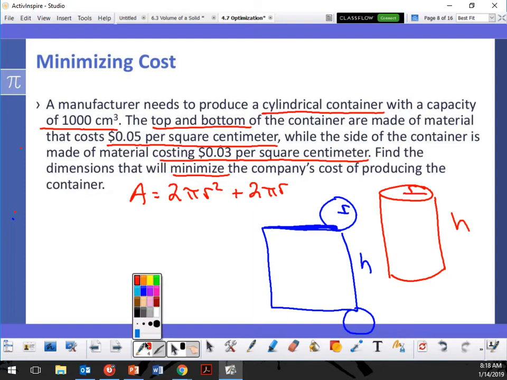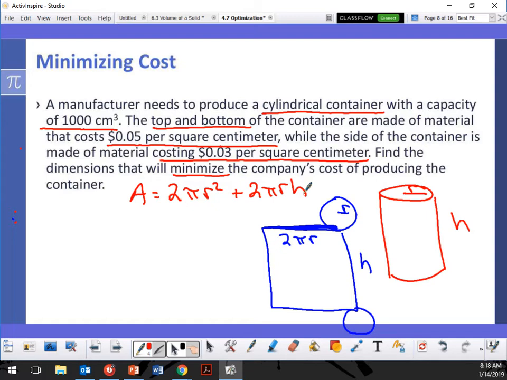So this is 2 pi r. And to find the area of the whole piece, it'd be times what? Height. There we go. So now I have the formula. I just made the formula for the area of the cylinder to include the top and bottom.